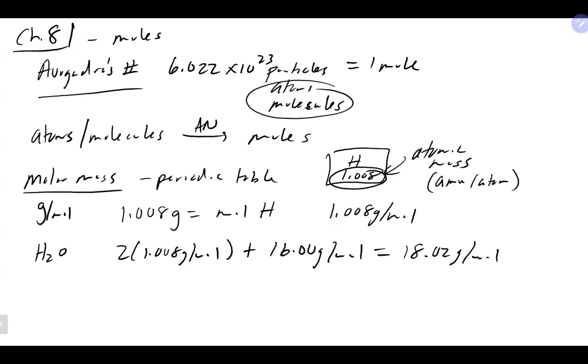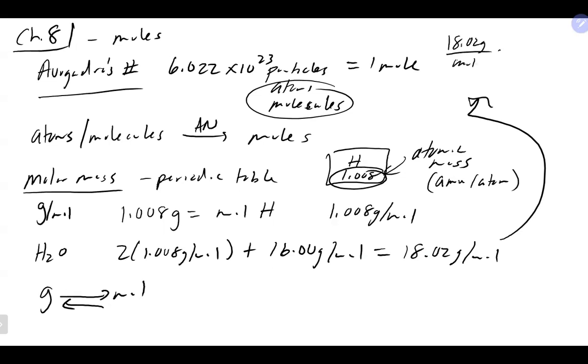Remember, we use this as a conversion factor, and a really important one to go from grams to moles, or moles back to grams. We could use a molar mass like this as a dimensional analysis conversion factor, 18.02 grams per mole, or you could put the moles on top and 18.02 grams on the bottom. In the first case you would be multiplying, in the second case you'd be dividing by the number.